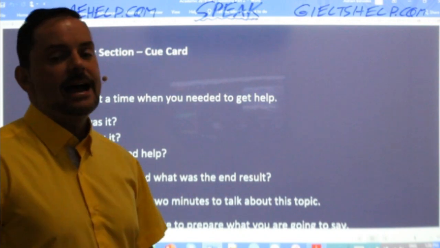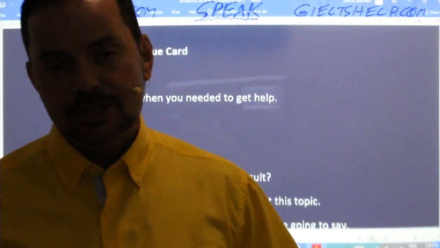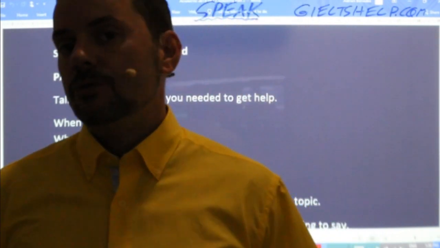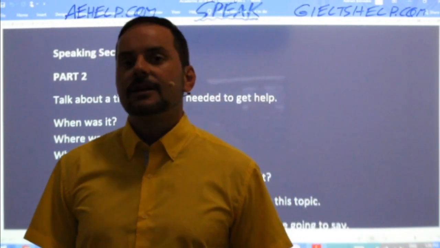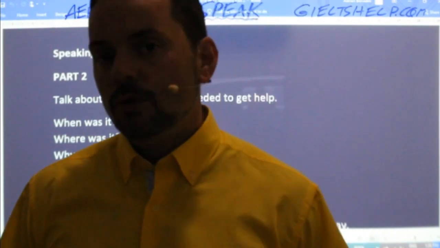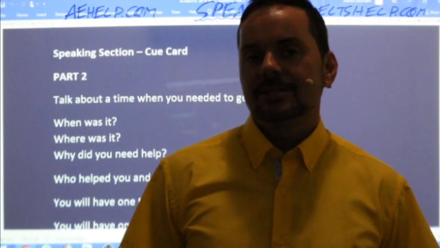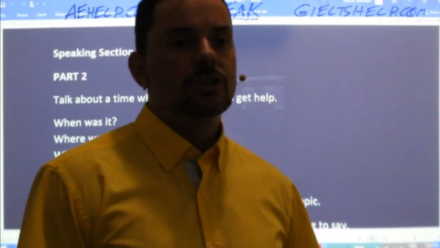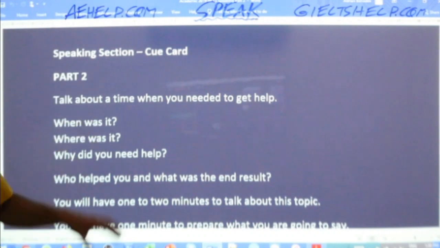You will have 1 minute to read the questions, think about your answer, take a few notes that you will use while you speak, and then give a clear, well-structured, coherent, fluent answer in 2 minutes with complex grammar and rich vocabulary. So that is your goal for the part 2 cue card.